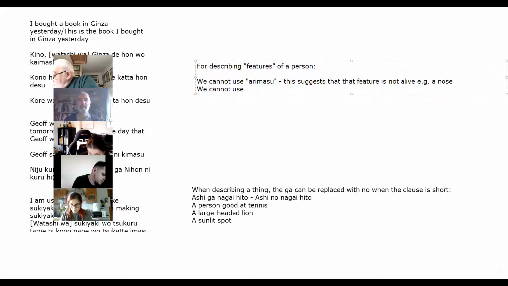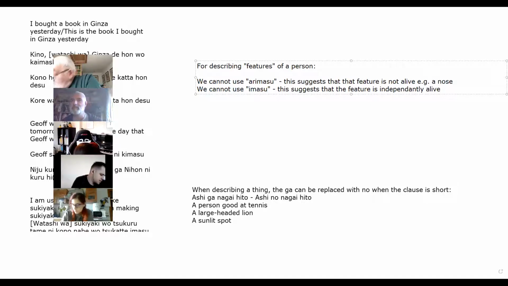We cannot use imasu, because it suggests that the feature is independently alive.